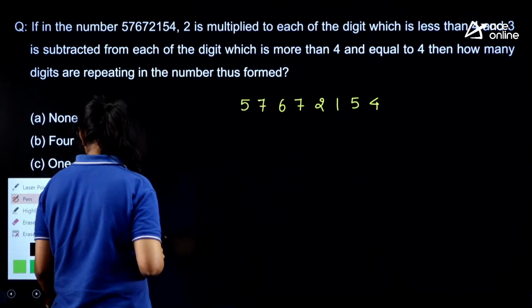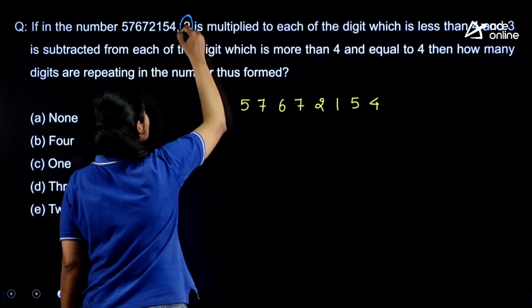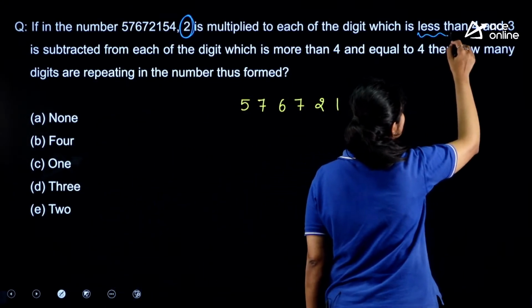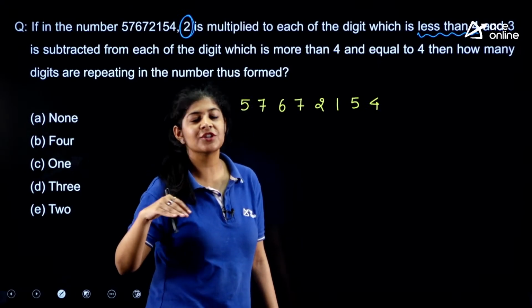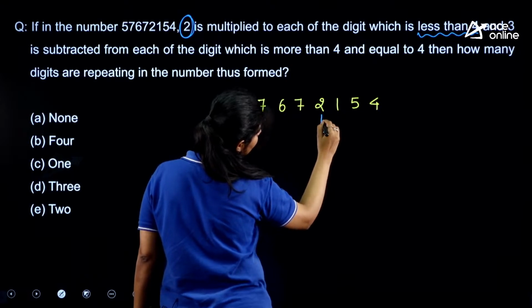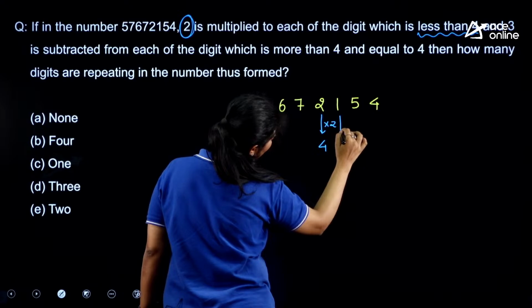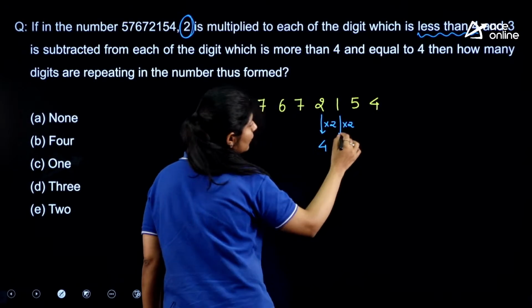Now what does the question ask us to do? We have to multiply the digit by 2 if the digit is less than 4. So first we multiply those digits by 2. Less than 4, we multiply by 2, and here we get 4. Here again I have to multiply by 2, and I get 2.